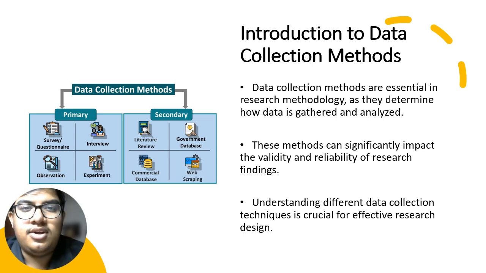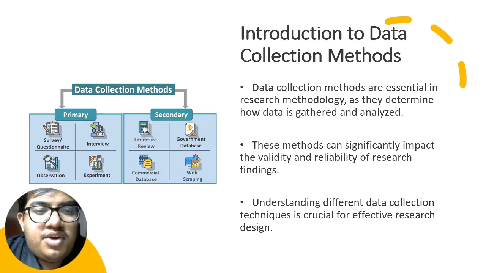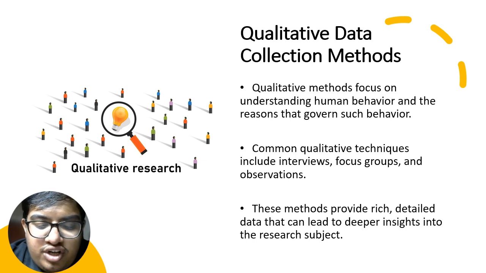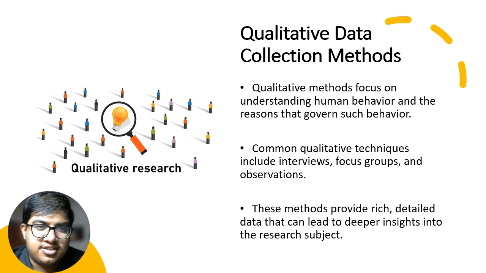So next, we're going to see qualitative data collection methods. Qualitative methods usually focus on understanding the human behavior aspect. They check how a person reacts when you're performing certain experiments.